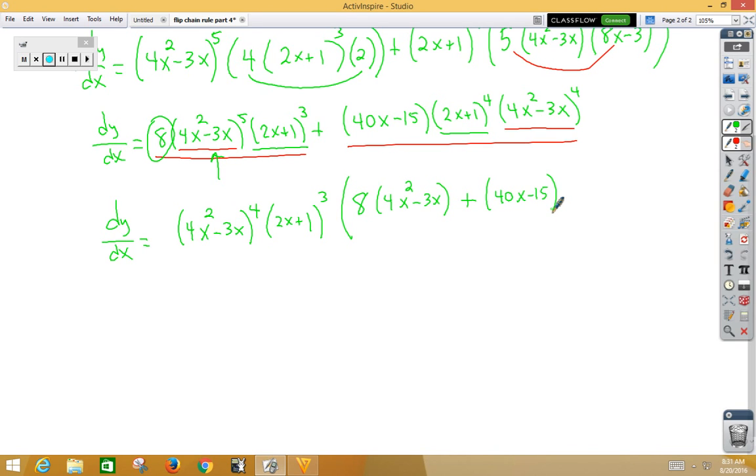And then I also, if I look here, I've got 1 of our 2x plus 1s left over. So it's possible that AP might do that. They also might clean up the inside, but I'll leave that to another video.